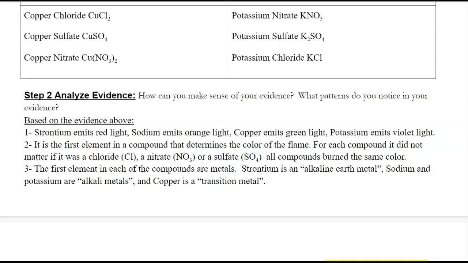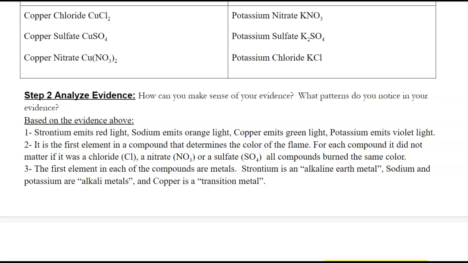So I wanted to make sure to go over this. These are evidence statements, or analysis of our evidence, that I would have written: strontium emits red light, sodium emits orange light, copper emits green light, and potassium emits violet light. Those are what we saw based on our collection of data.